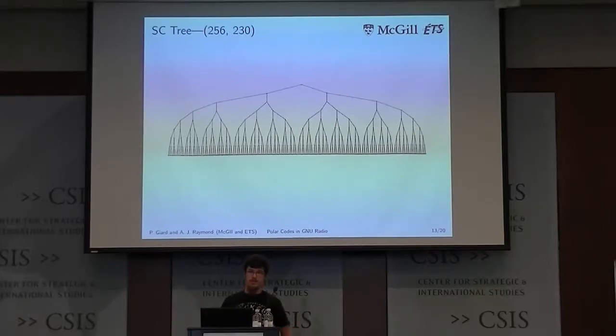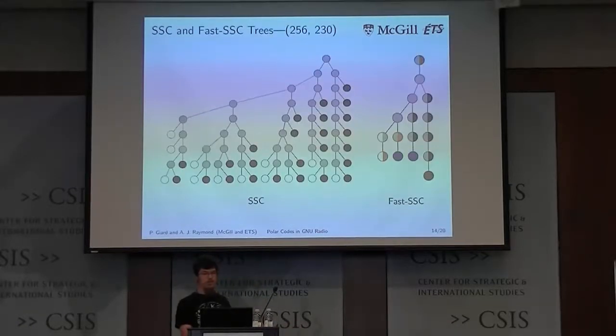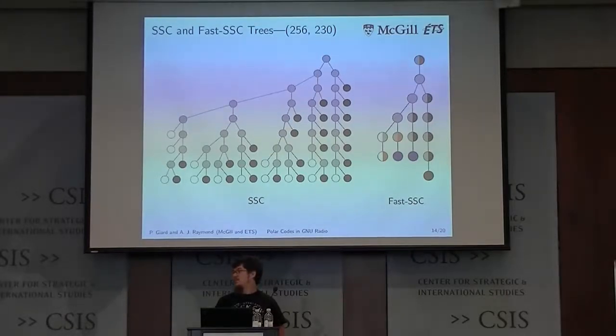It takes a very long time. If I apply SSC to that decoder tree, then it becomes much smaller. That's the one on the left-hand side. And if I apply the FastSSC simplifications, I end up with a tree on the right-hand side, which is much smaller. That's why you can easily see that we get orders of magnitude improvements in terms of complexity, throughput, latency, and all that.